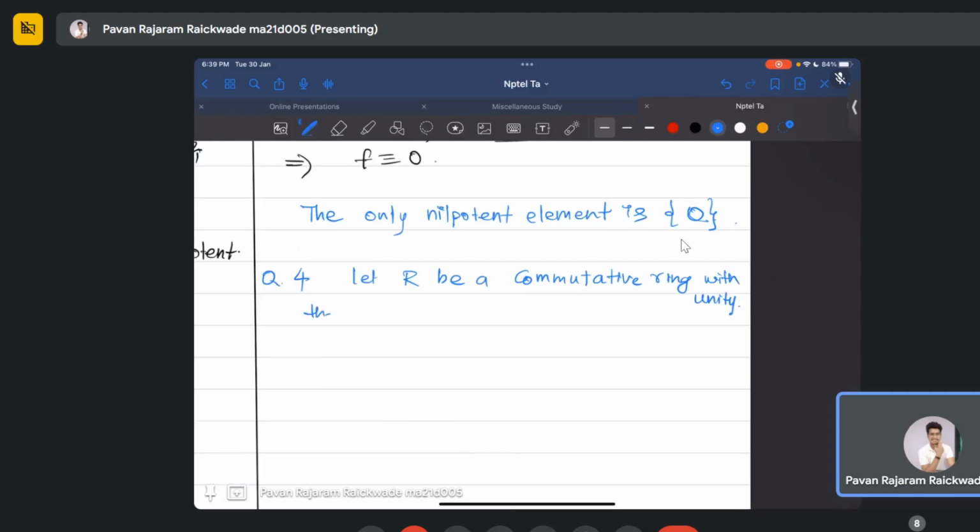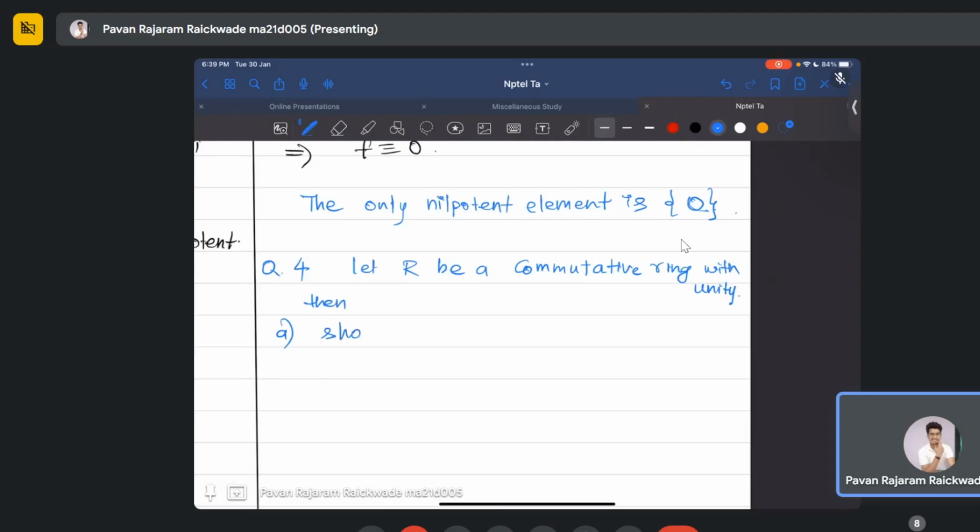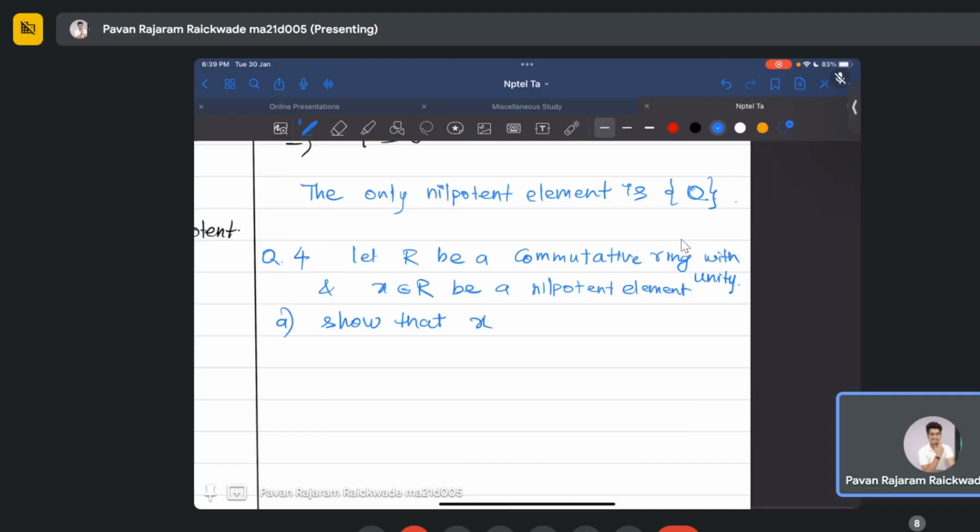Then part A, show that, okay, x belongs to R be a nilpotent element. Show that x is 0 or a 0 divisor.